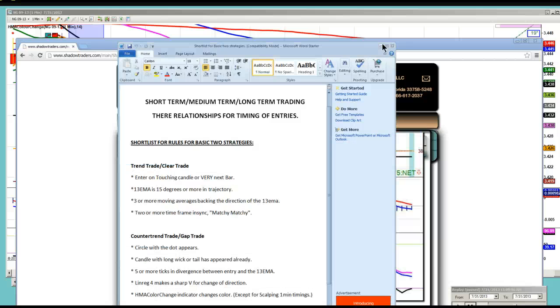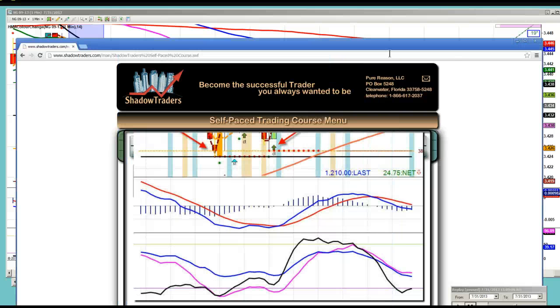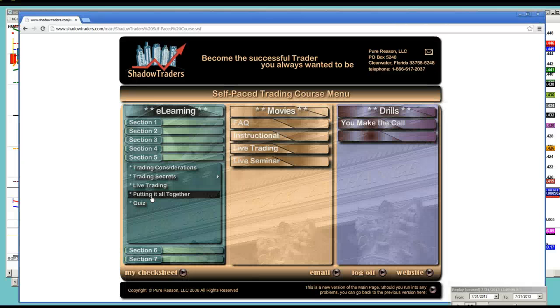I want you guys to go through section 5 in your self-paced course and read Putting It All Together, to help you look for good opportunities to do your classic gap trade, your reversal trade, and clear trade. Those are good timings to do these things. Like run to the R4, lower highs, double tops, good times to do gap trade. Bounces off the 200, run to the 200, good times to do trend trades, these kinds of things.